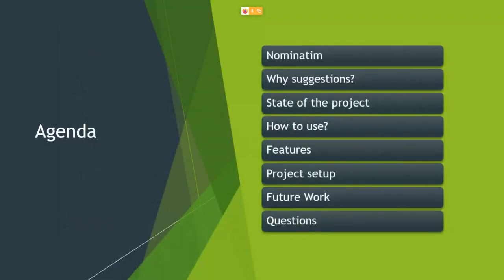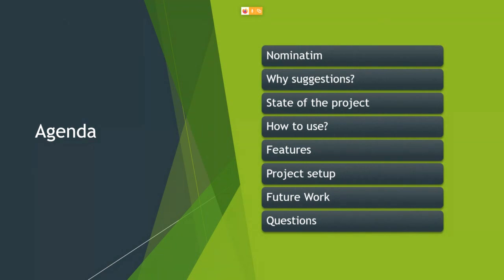To get to the agenda of the meet, I'll be talking about what Nominatim is. Then I'll get into my project, which is adding suggestions to Nominatim. Then I'll talk about the state of the project, the state in which it is, and what needs to be done further. Then I'll talk about how to use this project and how you can access it.